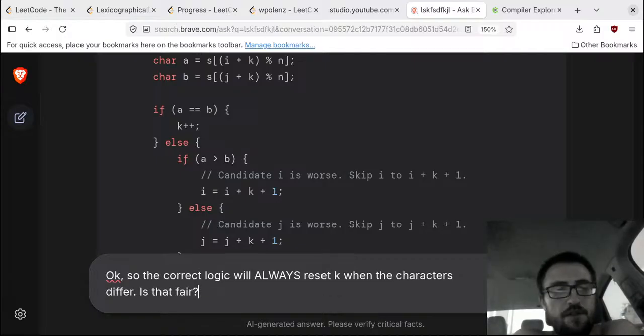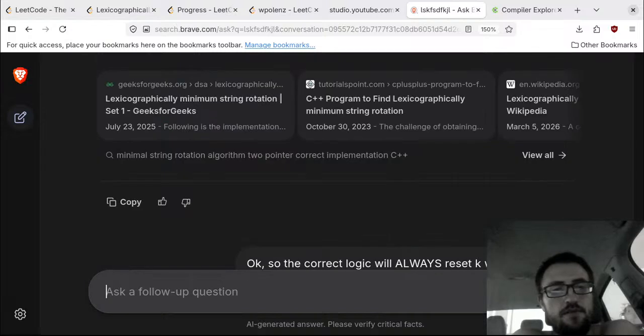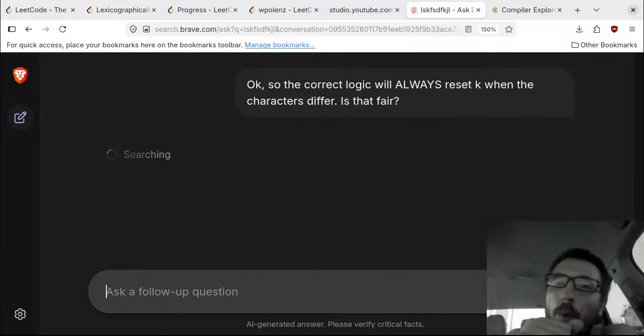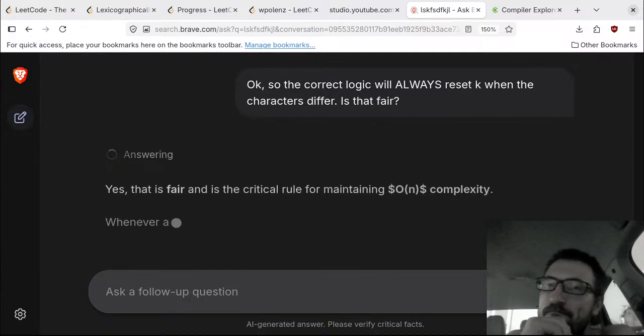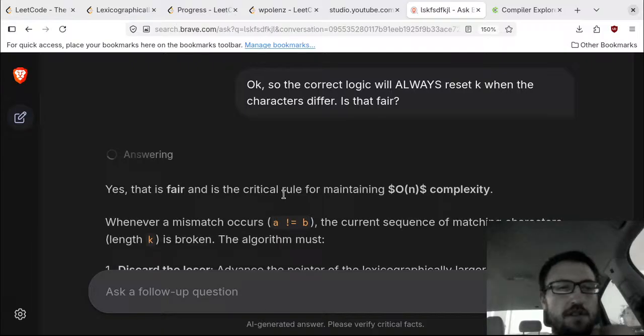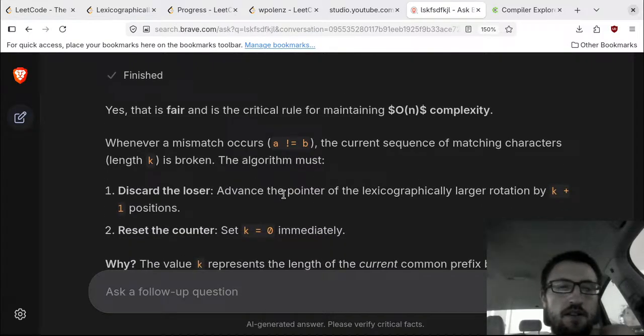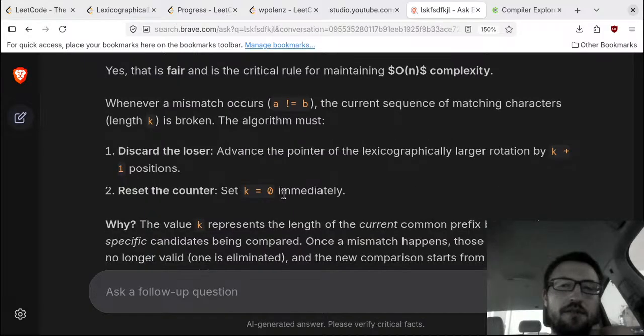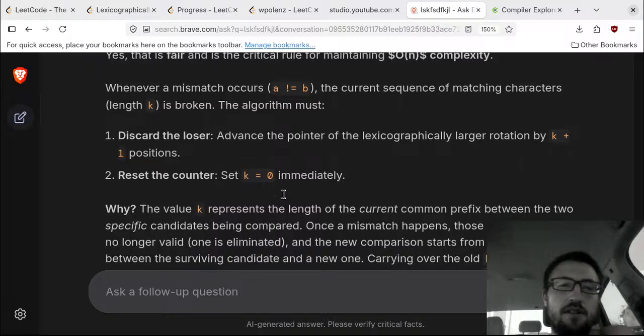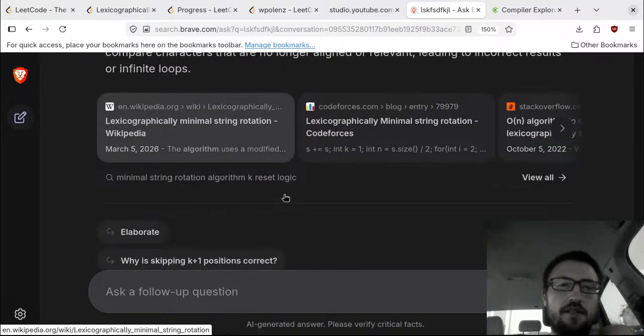Is that fair? Critical rule: when length K is broken, the algorithm must discard the loser and advance the pointer of the lexicographically larger rotation. Interesting.